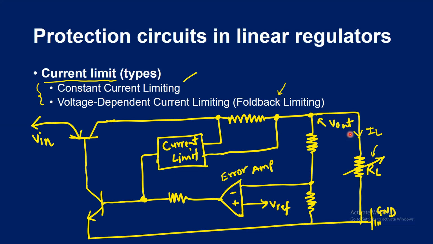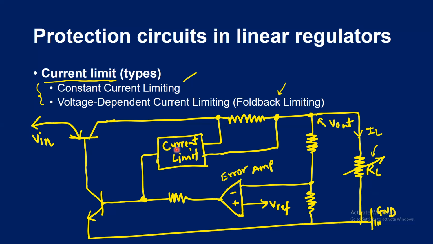To summarize, the function of the current limiting circuitry is to prevent damage to your regulator IC when there is an overload placed on the output of the regulator. It means if you have a very low value of load impedance, there is a possibility that heavy load current can flow through it and that can damage your IC.